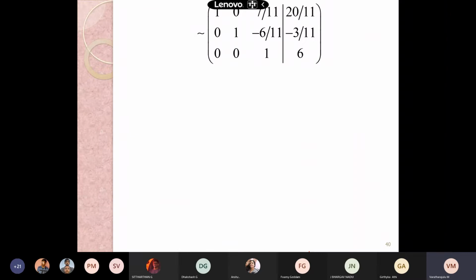My concern is now I need to make this term 0. Therefore, my new equation for converting the third term in row 1 to 0 is R1 implies R1 minus 7 by 11 R3.